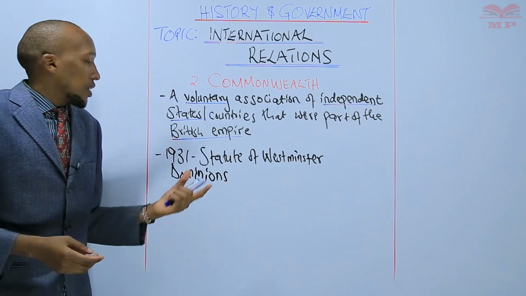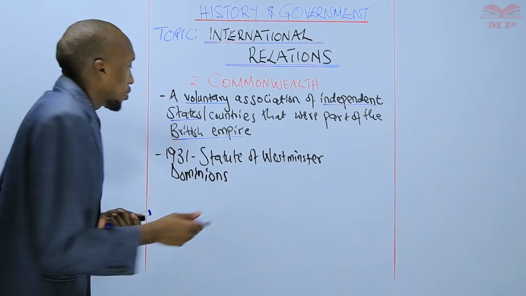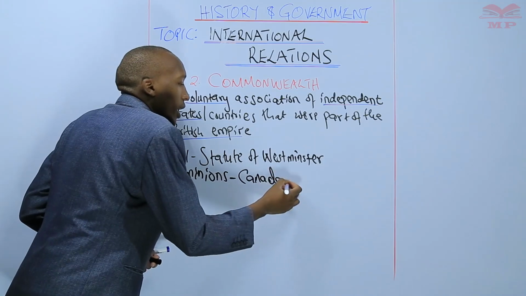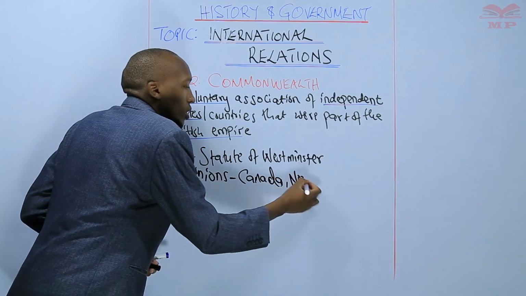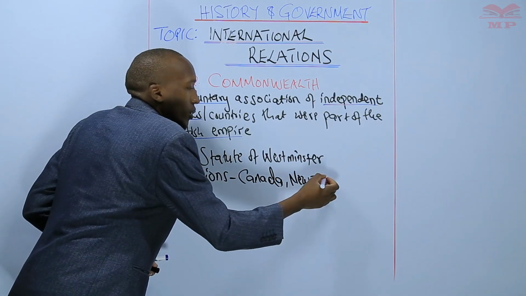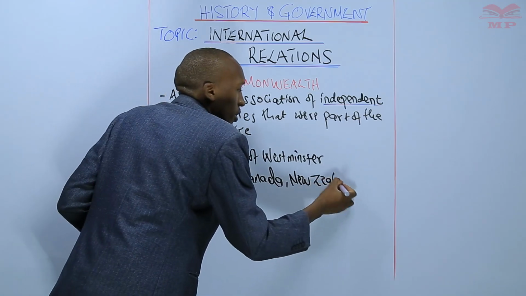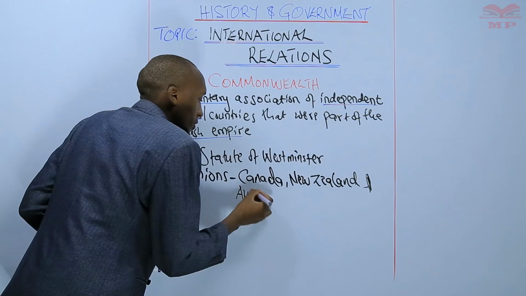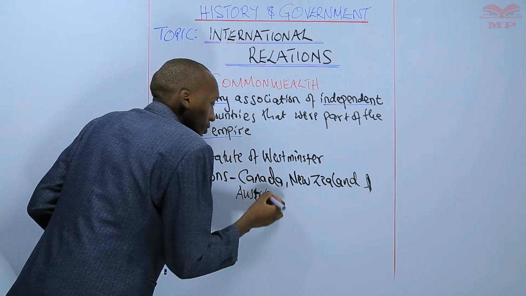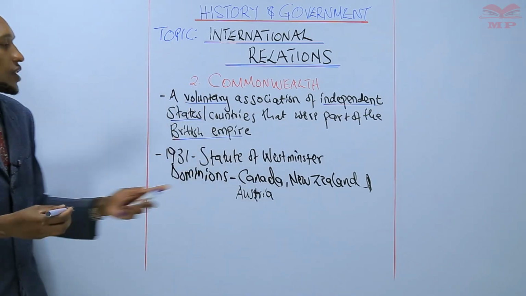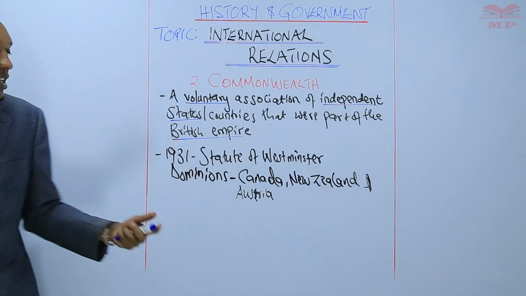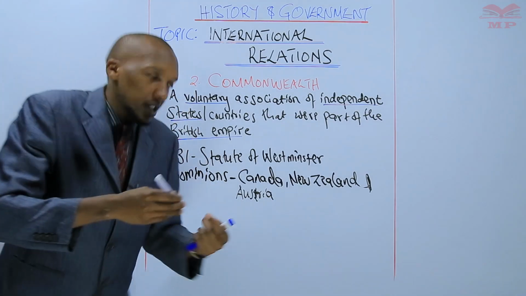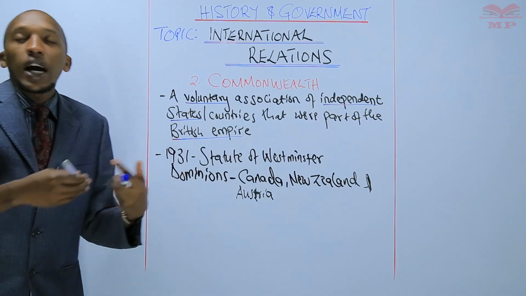But if these dominions, which include the Dominion of Canada and New Zealand and Australia, saw that there was an act in the British Parliament that could be adopted in their own dominions, they could adopt that.